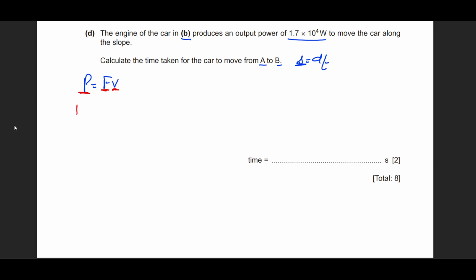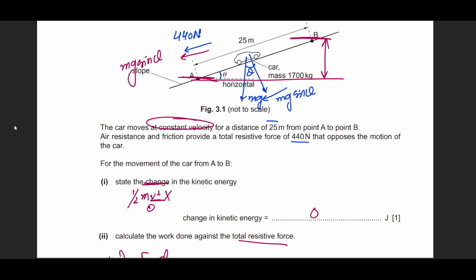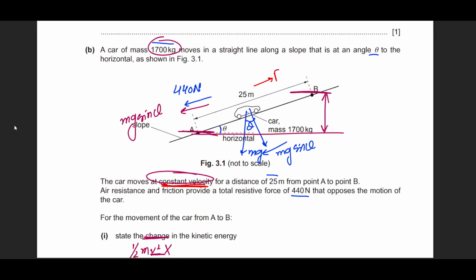So power is already given to us, that is 1.7 into 10 raised to power 4 watts. But we're not familiar with the amount of force that is required. So to understand this, we go back to the diagram. We understand that this is moving at a constant velocity. That means the forward force provided by the engine must be equal to this 440 and the mg sine theta.